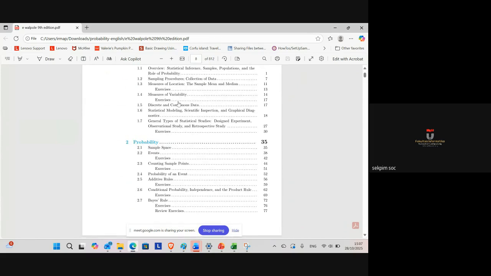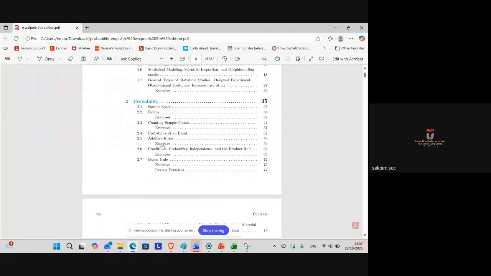Let me guide you. Chapter 1 tells you how to count events as sets. The second one is how to count probability, which is still events as sets, but you need to count the possible discrete experiments. You will also learn Bayes' rule, conditional probability using Bayes' rule, in chapter 2.